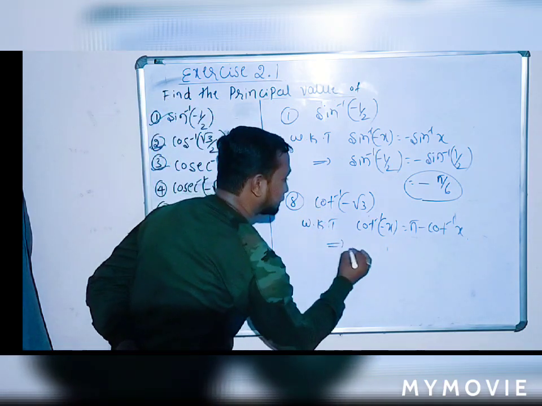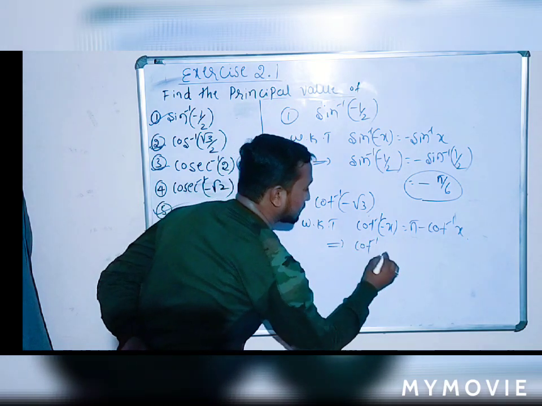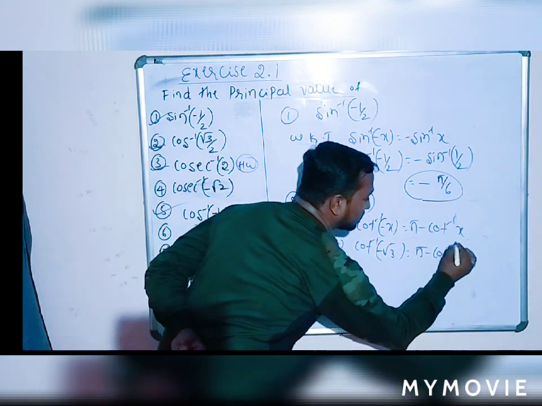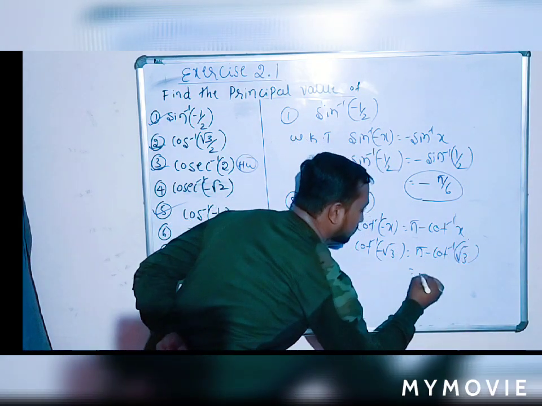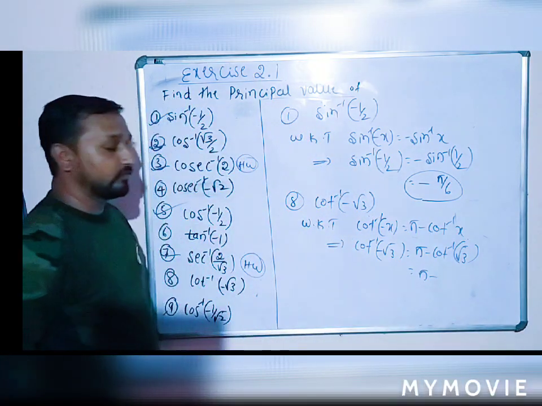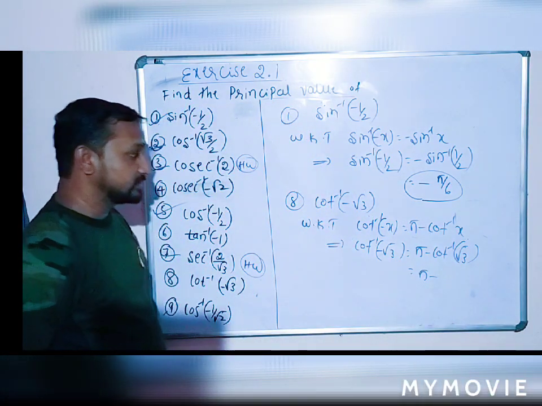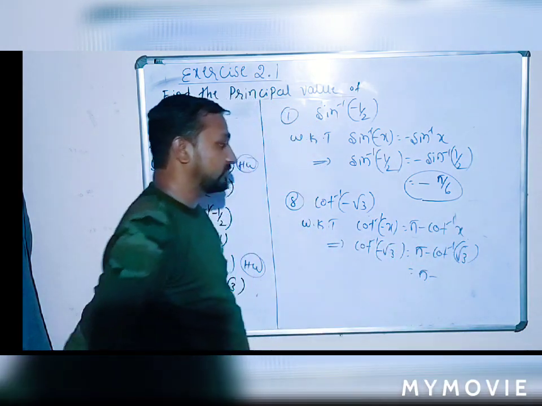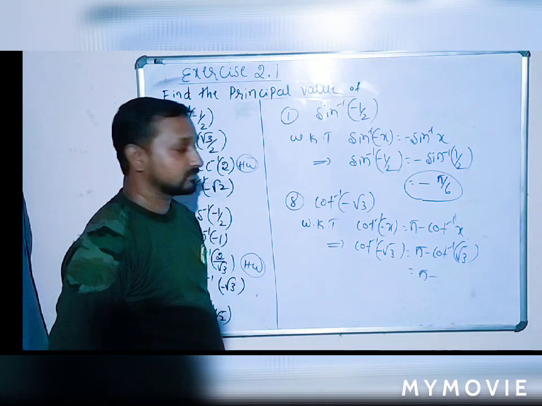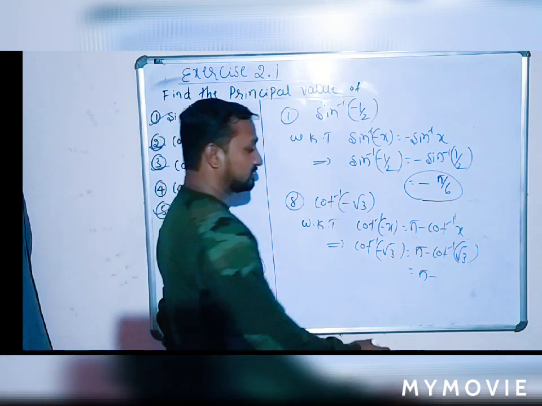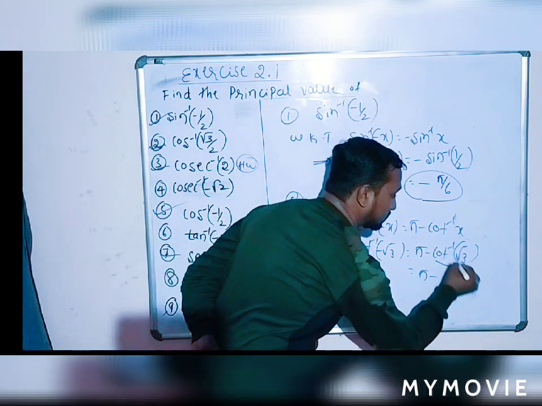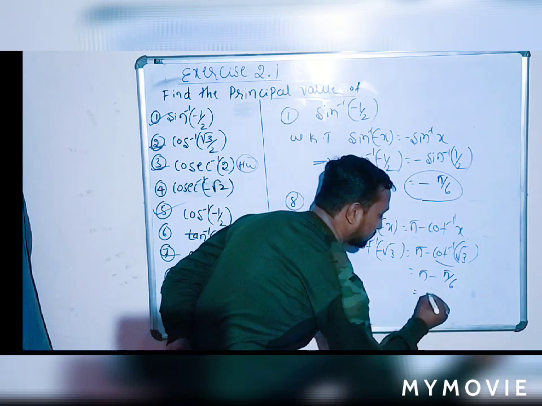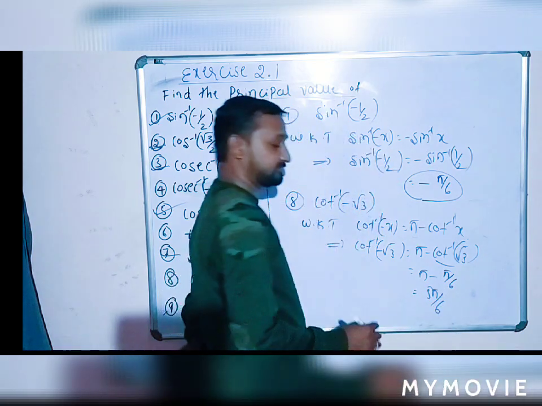Then this implies that cot inverse of minus root 3 is equal to pi minus cot inverse of root 3, equal to pi minus, in which angle is the value of cot root 3? Cot inverse of root 3 is nothing but pi divided by 6, so it equals pi minus pi by 6.